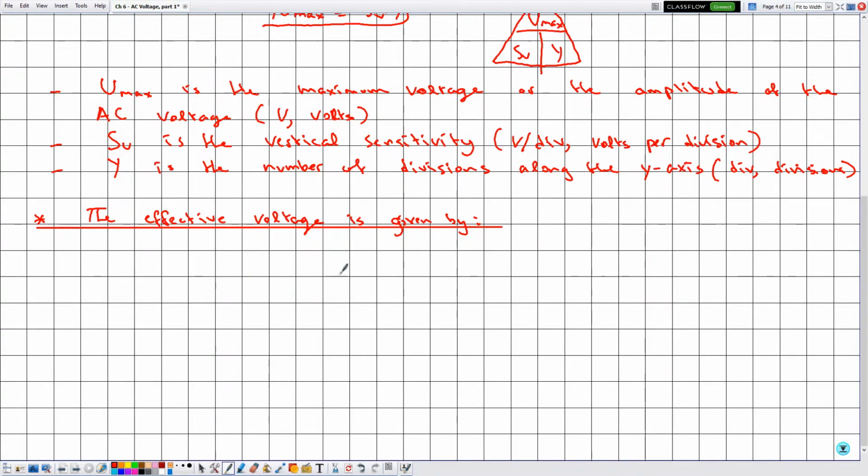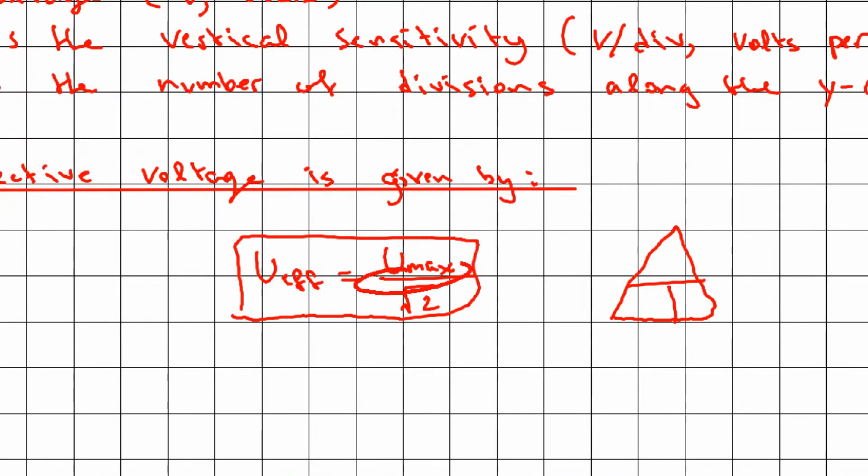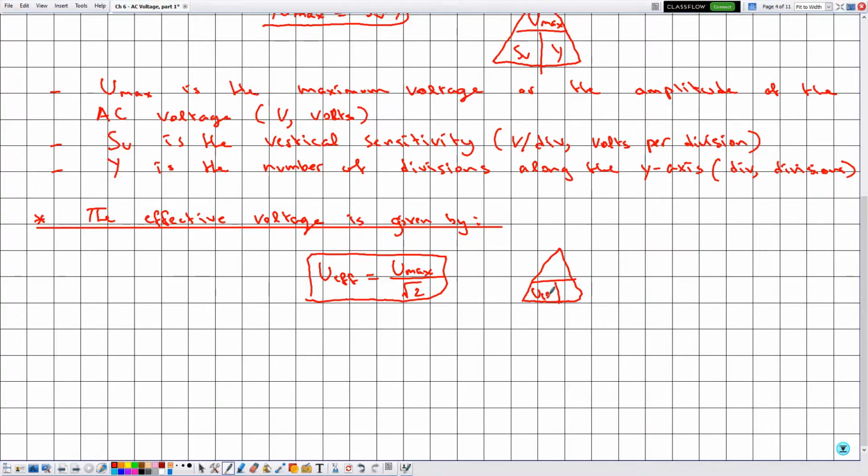So in this case, the effective voltage is given by U max divided by radical 2. And for any formula in physics, we can construct a triangle. So here, because we have a division, the U effective will be at the bottom. This is U max and this is radical 2.